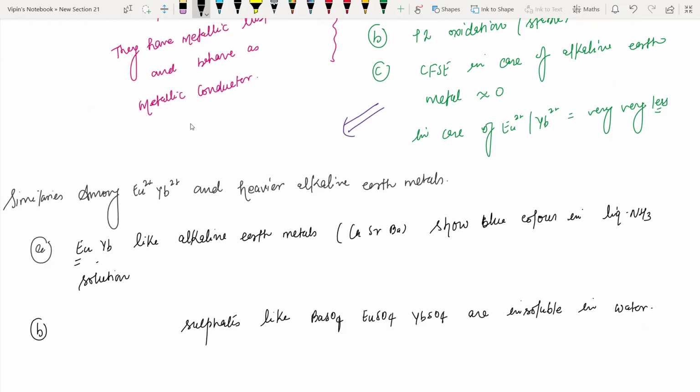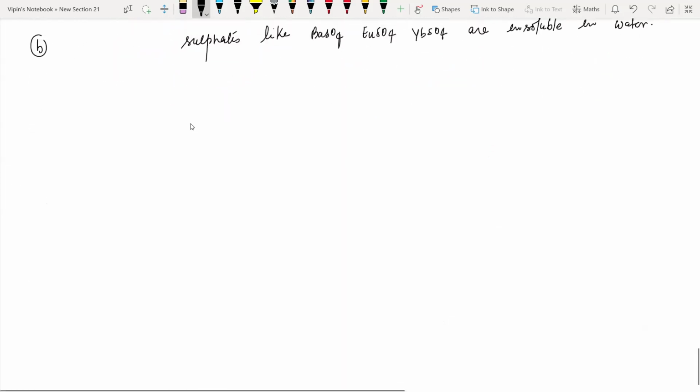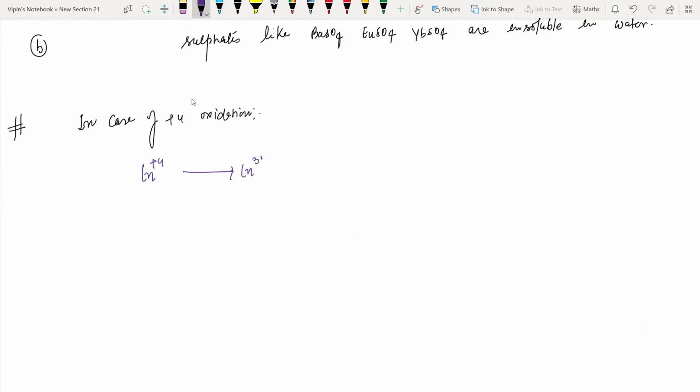Now we are going to move to another oxidation state, the plus 4 oxidation state of lanthanides, right? In case of the plus 4 oxidation state of lanthanides, listen, the plus 4 lanthanides have a tendency to get converted into plus 3. Why? Because the most stable oxidation state for all the lanthanides is plus 3, whether it is plus 4 or plus 2.